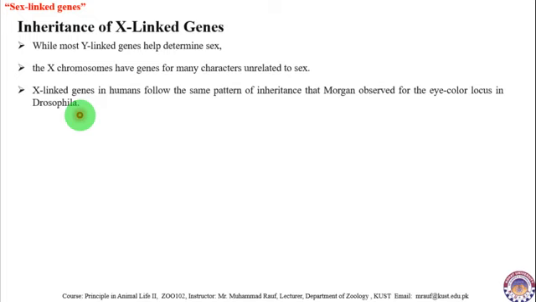And the human male is hemizygous for X-linked genes, where the X-linked genes in the human male do not have another partner. We say that the genes exist in the form of alleles, so this statement does not apply to the X-linked genes in the human male. They are only present in a single copy.